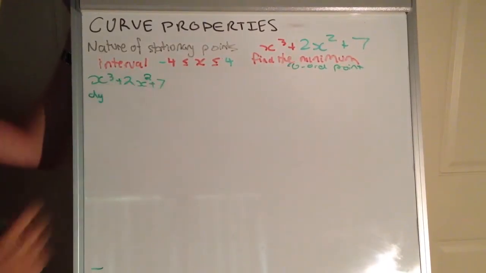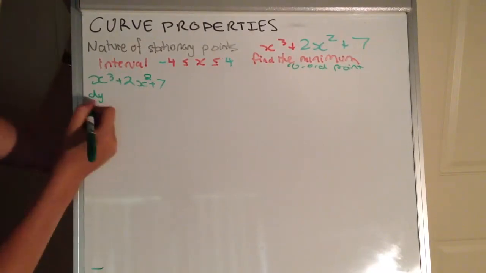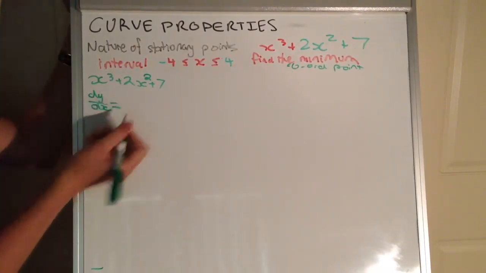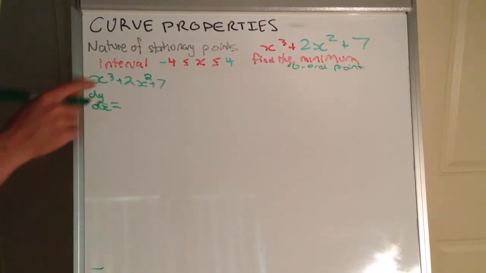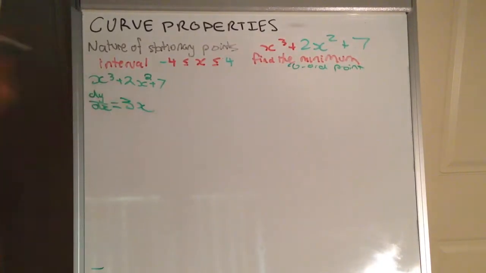And it helps if you rewrite out the function correctly. So dy over dx. We bring that exponent of 3 down and multiply it by the coefficient. So it's 3 times 1, which makes 3, x, and then we subtract 1 from the exponent, so we get 3x squared.